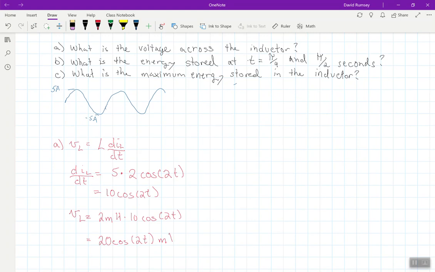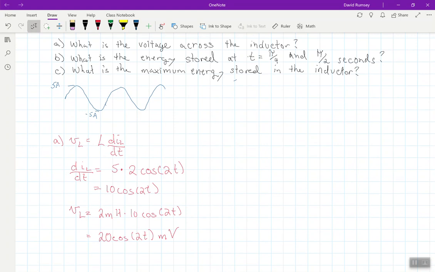And this is how you can see we're not talking about an abrupt change here. Because remember, for an abrupt change we need infinite voltage. Well, here's how the voltage is changing. Yeah, it's going up and down, but this isn't an infinite amount of voltage that we need. We need some millivolts, a very small amount of voltage, to have this current changing with the equations we have set here.